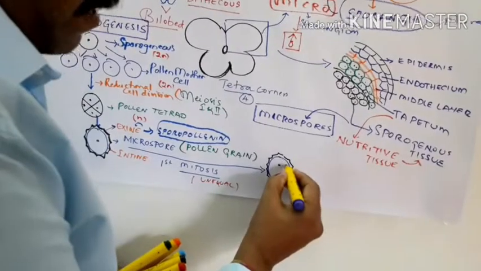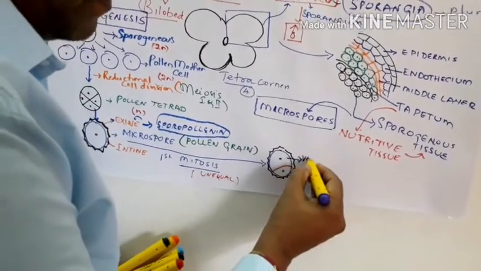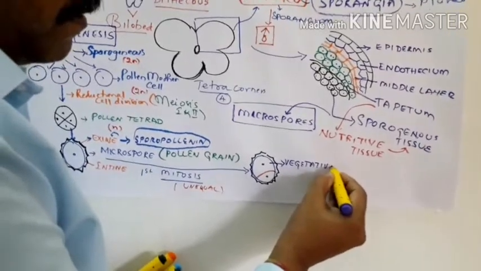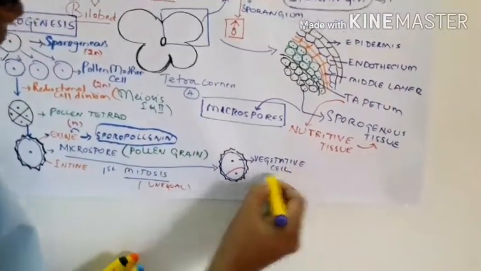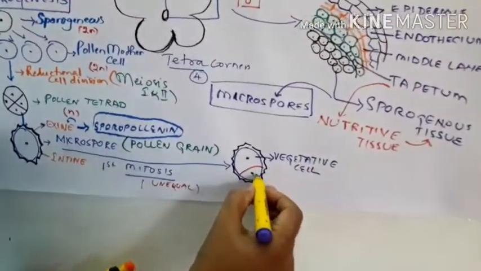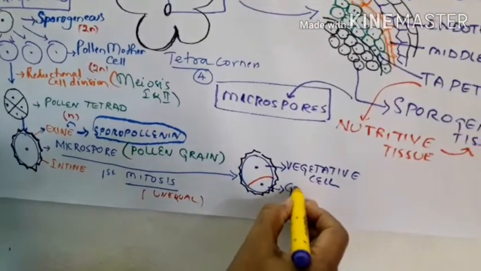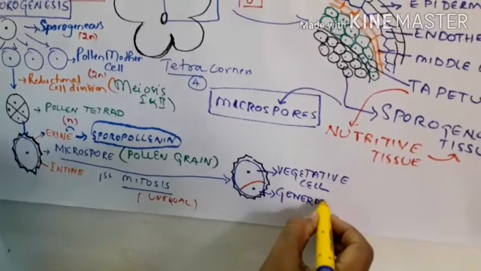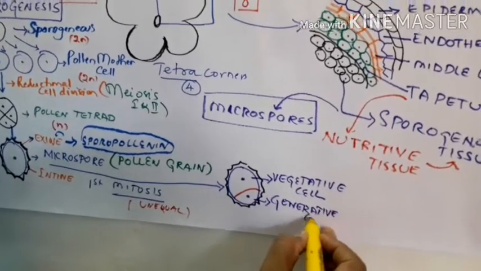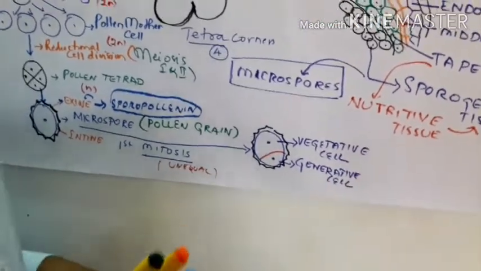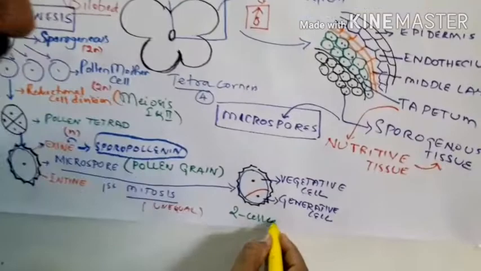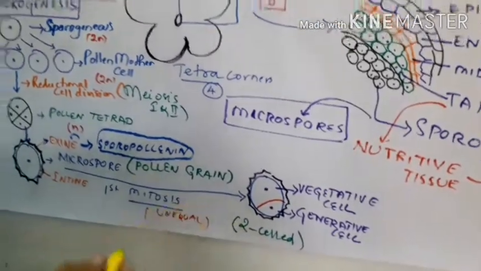The bigger cell is called the vegetative cell. And the smaller compartment is called the generative cell. And children, this represents a two-celled stage of the microspore.